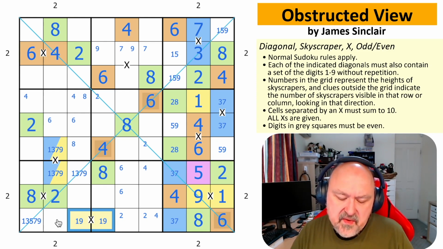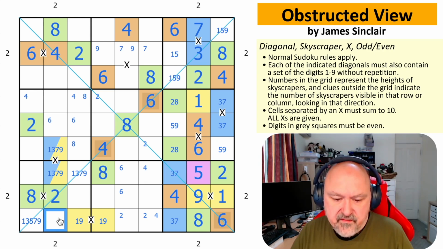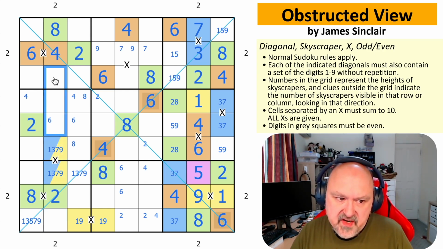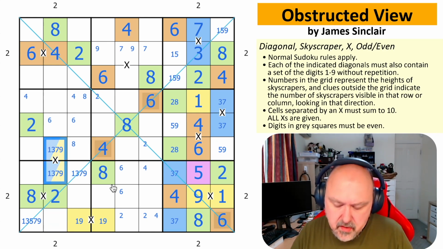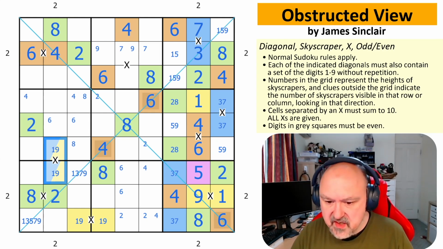So let's say this is, call it a 5. If this is a 5 and this is 3, 7, then I've gone 5, 7, and then when I put the 9 in, I've broken it. Is there any digit I can put here that allows this to be 3, 7? No, this cannot be 3, 7 without breaking the skyscraper clue.